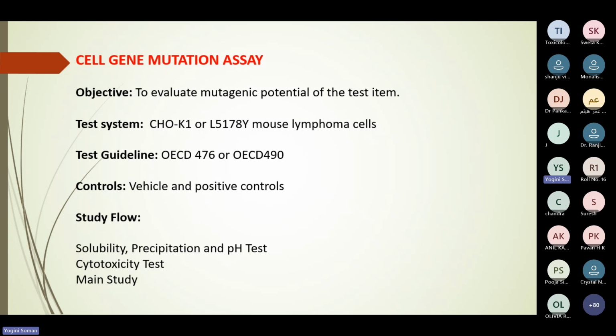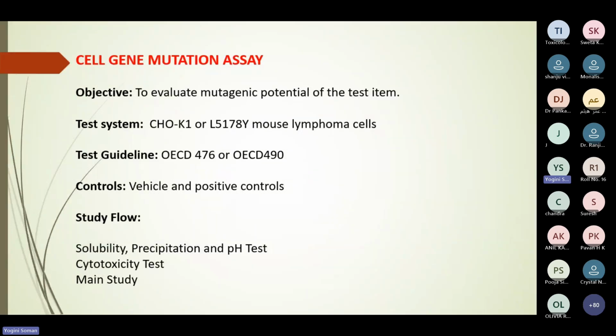If the compound forms a suspension or is not soluble in aqueous solutions, then you can use other organic solvents for the assay, like DMSO, ethanol or acetone, as per the OECD guideline. And the highest test concentration is the same as in the in vitro micronucleus test, that is 2 mg per ml for OECD 476 or OECD 490.